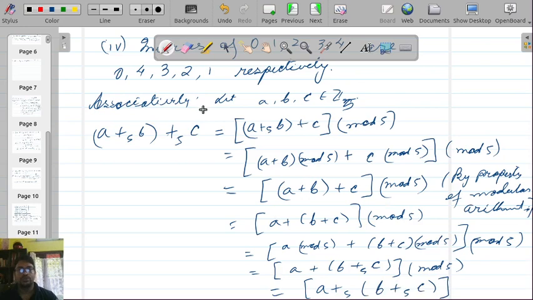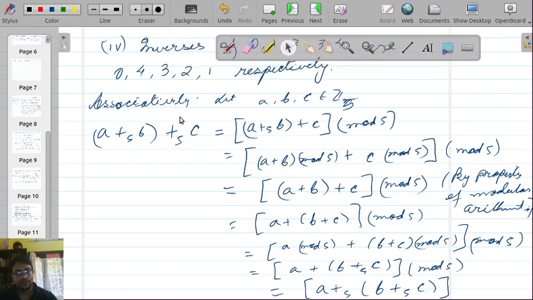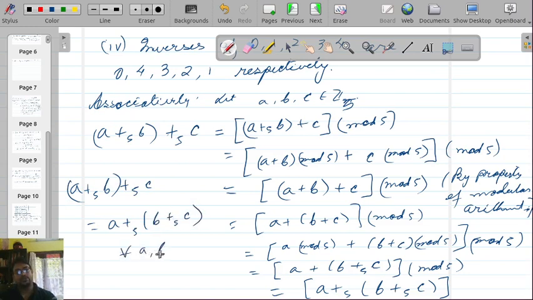So if you are running out of time and you see that it's difficult to write all these things, just mention one line that we know this addition modulo n is associative, hence (A + B) modulo 5 plus C is equal to A plus (B + C), for all A, B, C inside Zn.